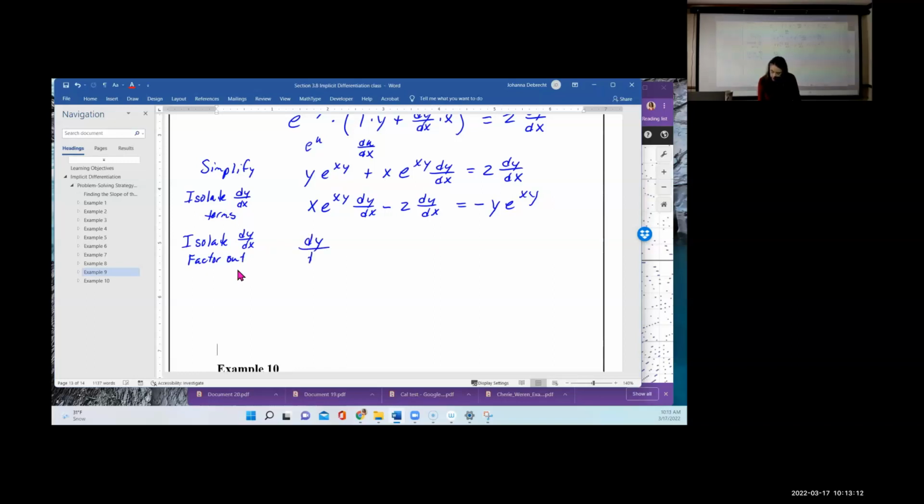And this gives us dy dx times x e to the xy minus 2, still equal to negative y e to the xy. Then we divide both sides by the coefficient of dy dx.